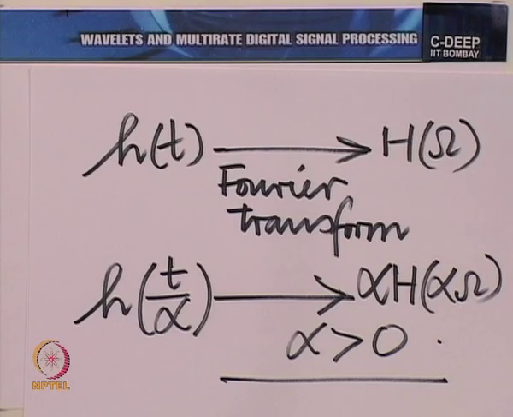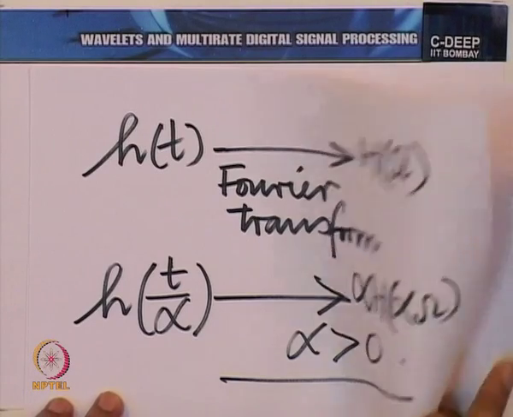One can easily generalize. But coming back to the point then, what H omega by 2 essentially means, with a factor of half outside, is a dilated version of this train of impulses.